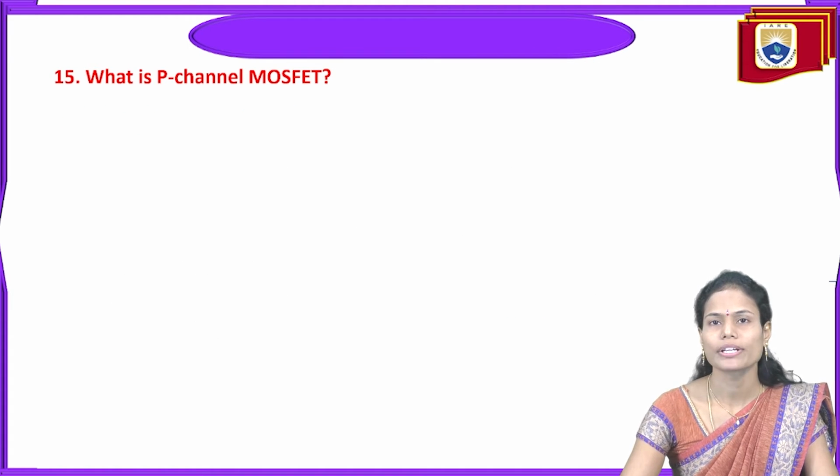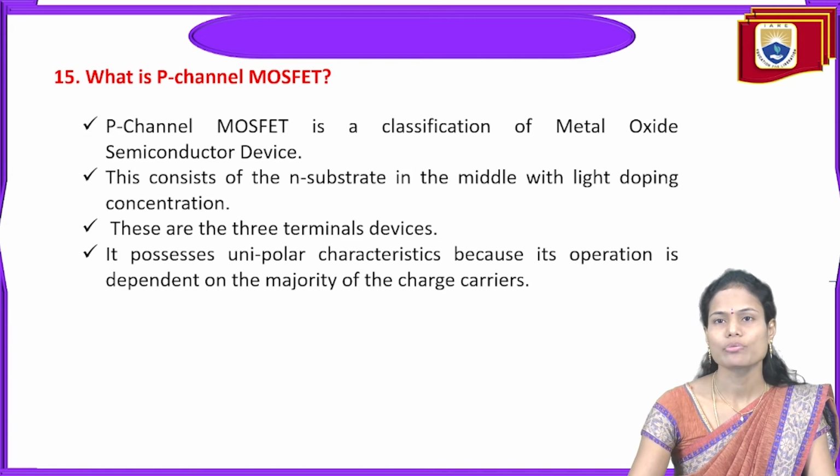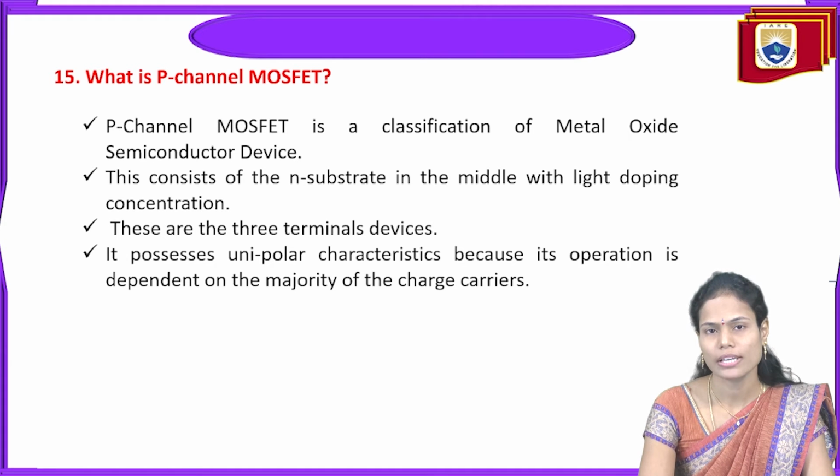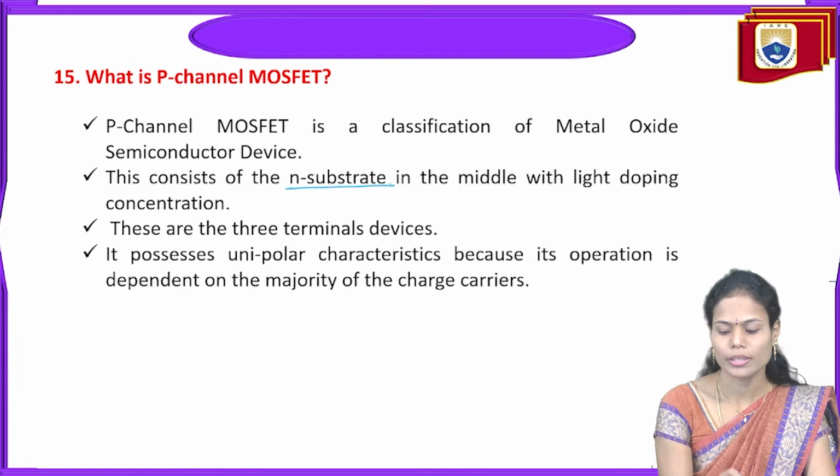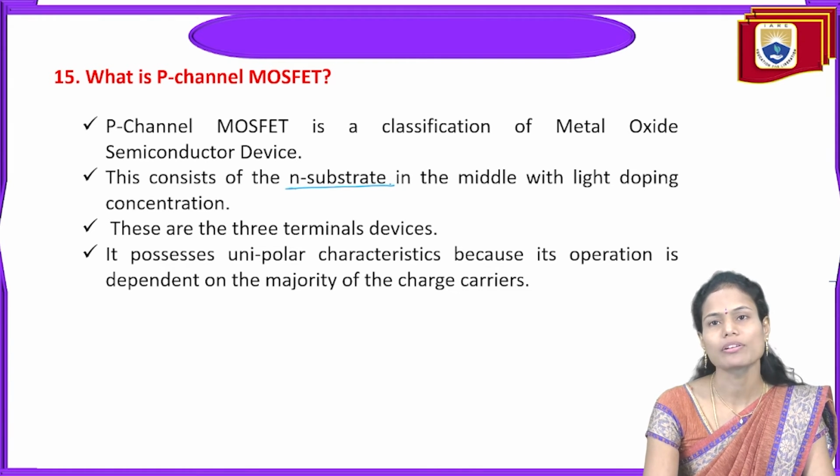And next, what is meant by a P channel metal oxide semiconductor field effect transistor? The P channel MOSFET is one of the classifications of the MOSFET or semiconductor type of device. It consists of an N substrate in the middle with light doping concentration.